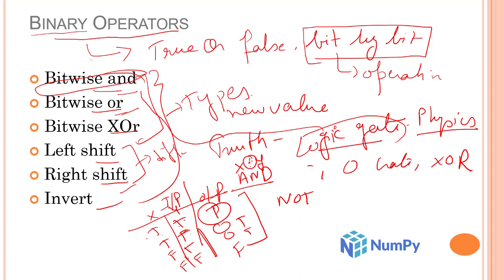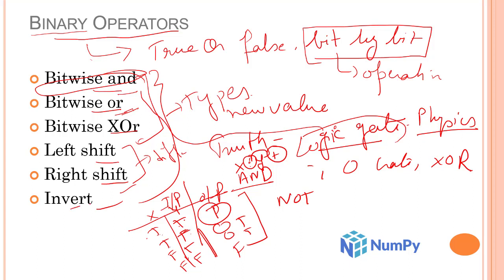For bitwise OR we use the plus operator instead of the dot operator, and the truth table will be different. Now move to XOR. XOR is used in the same way, but it is the opposite of OR.